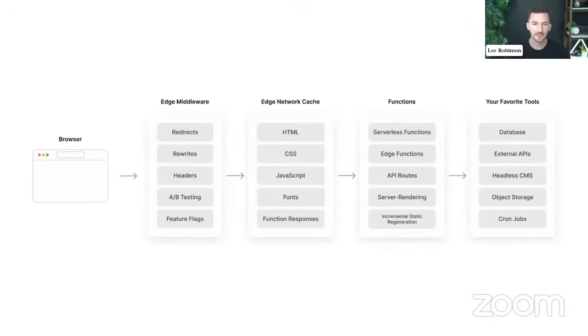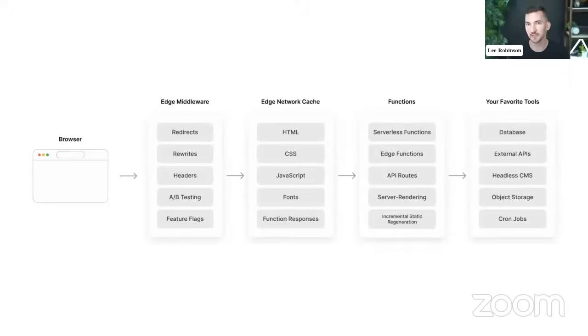So the middleware runs and it gets pushed next to the cache. This is where you have the static files, whether it's HTML files for pages, JavaScript files to add some interactivity, CSS files for styling, web fonts. All of these things then get evaluated and determine which need to be served up to the incoming request and the incoming visitor.